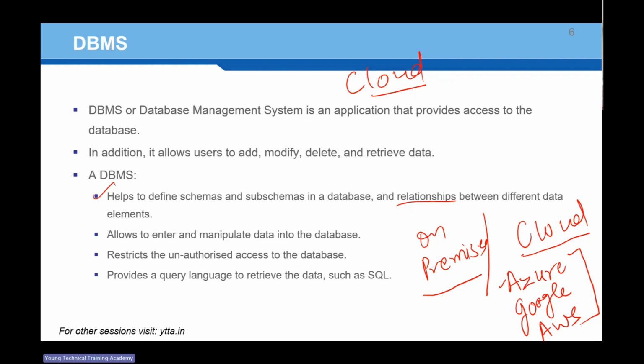So there is a relationship, right? One teacher is handling many students. Those relationships can be built easily in the database management system. It allows us to enter and manipulate data in the database, and it even has a permission set so that you can restrict unauthorized access to the database.